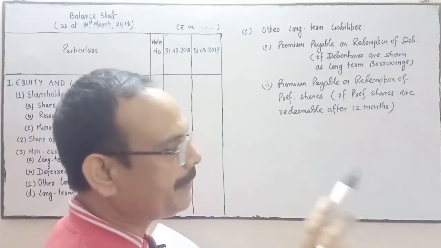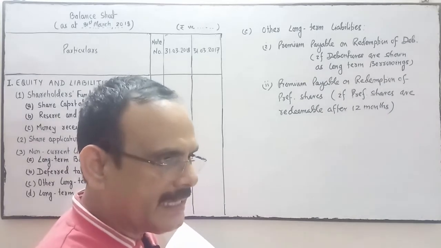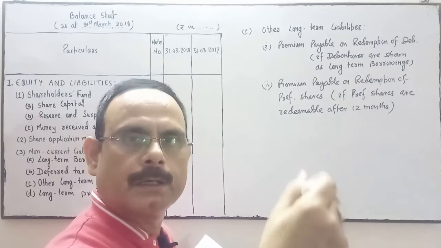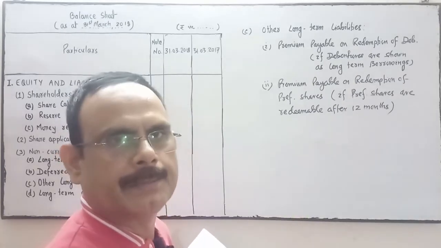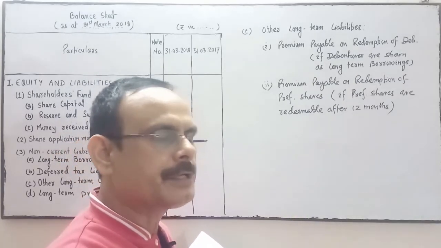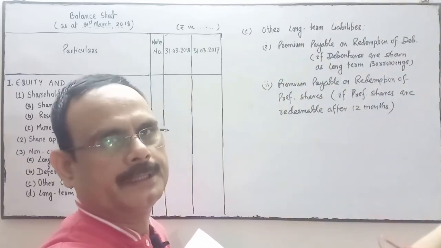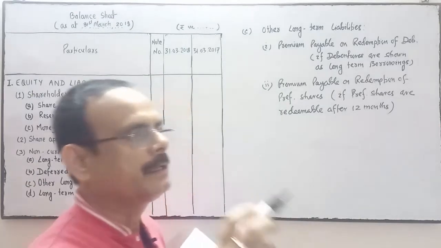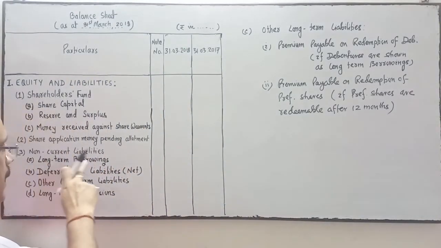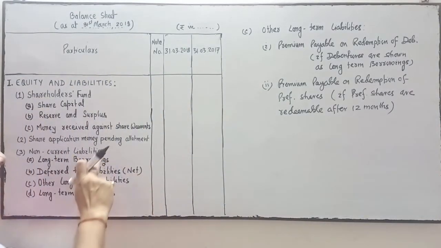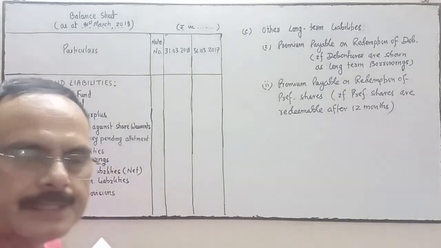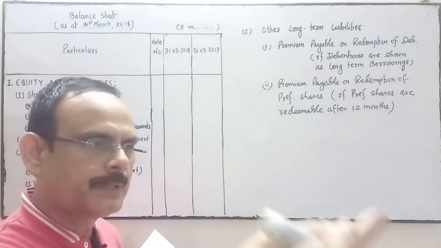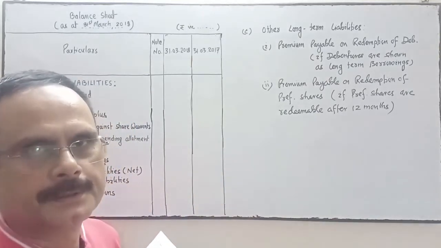If the debenture is going to be repaid within 12 months, then it becomes a current liability and will reflect under current liabilities. The debenture reflects under long-term borrowings only when it is payable after 12 months from the reported balance sheet.